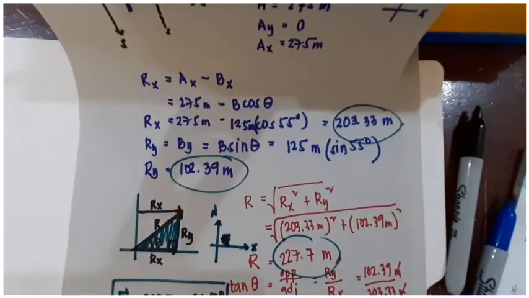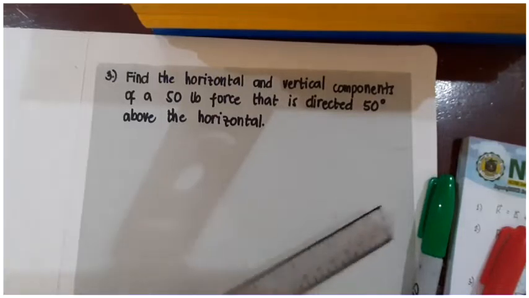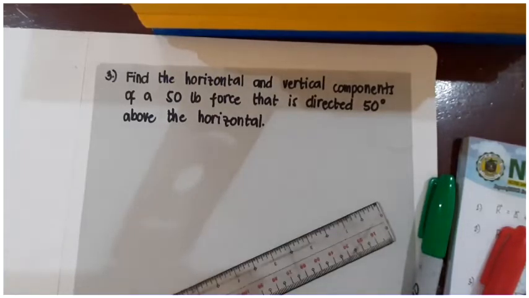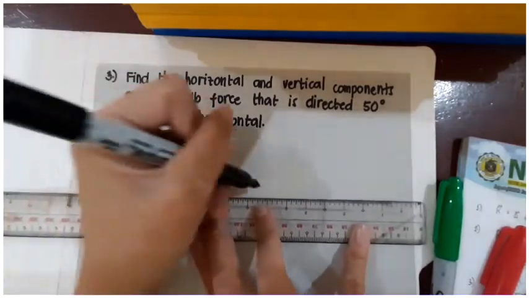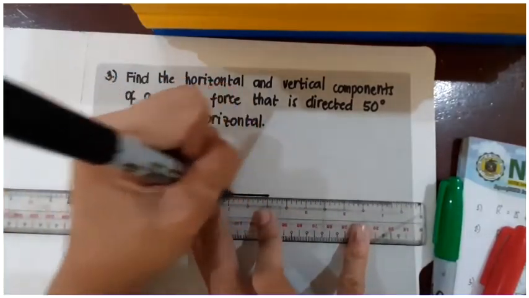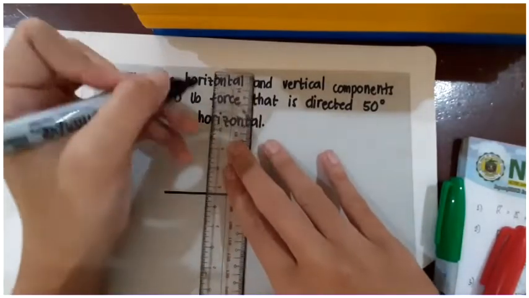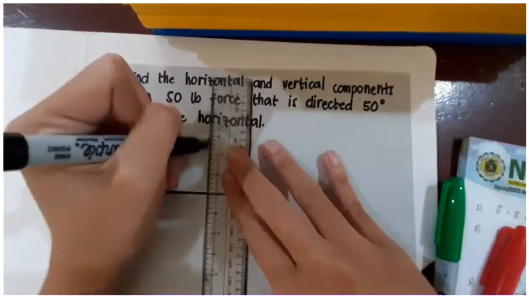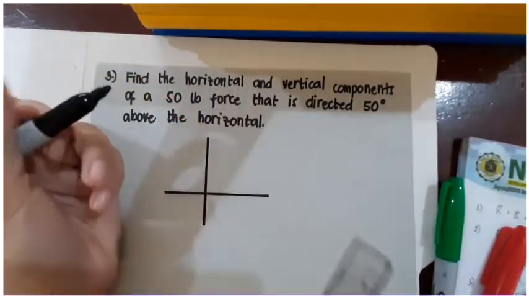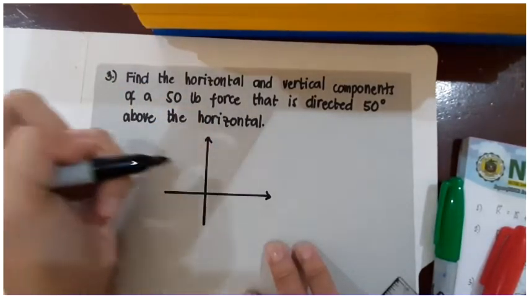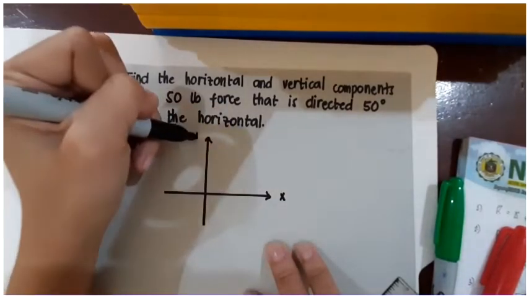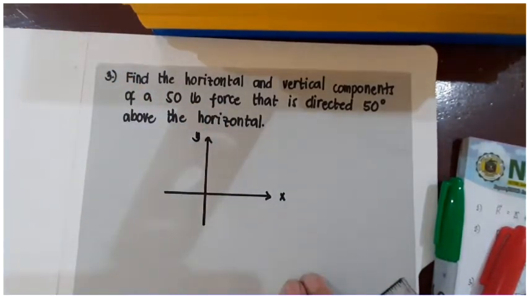Okay, so here is another example. Find the horizontal and vertical components of a 50 pounds force that is directed 50 degrees above the horizontal. Okay, so in this case, hindi siya gumamit ng east, north, west, or south. So we have your horizontal and vertical. So this is your vertical, this is your horizontal, your x-axis and your y-axis.